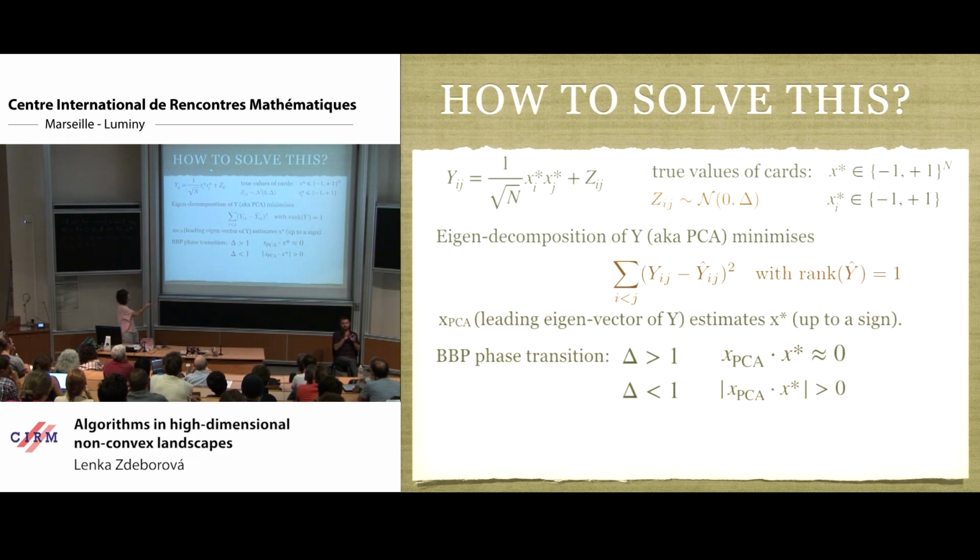And if the noise is there, this property survives a little bit in the spectrum, and there are very well-known results about an associated phase transition: as n is large, when the variance of the noise is bigger than 1, the correlation between the ground truth value of the cards and the leading eigenvector of this matrix goes to 0 as n goes to infinity. And if this noise is smaller than 1, then the correlation is positive. So I'm doing something useful for splitting the people into the right groups.